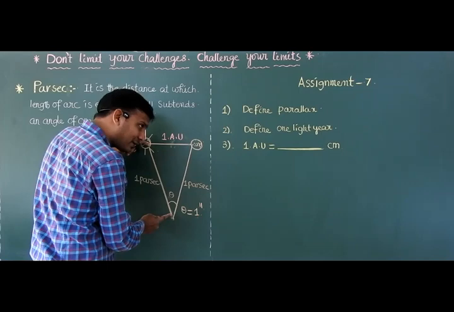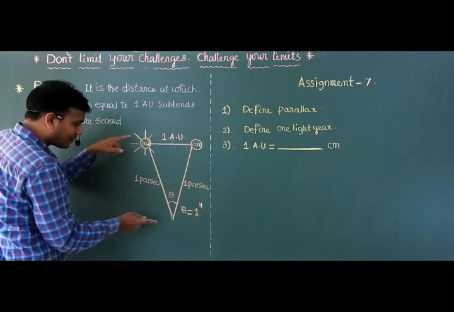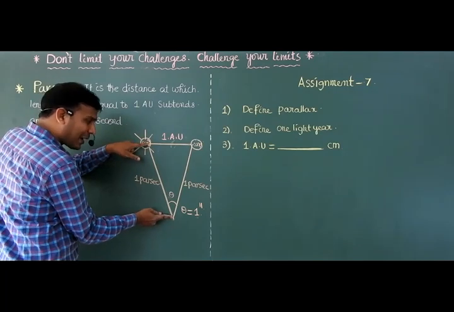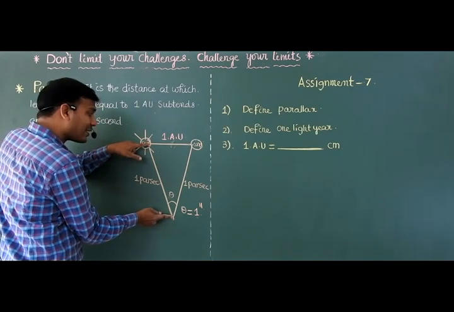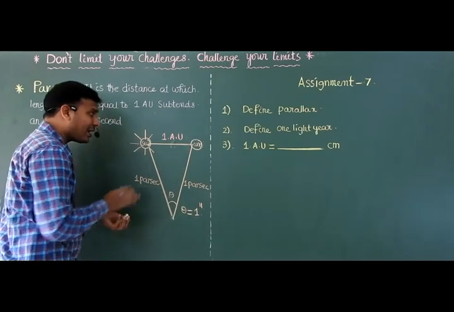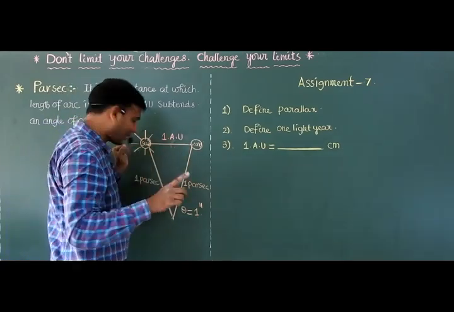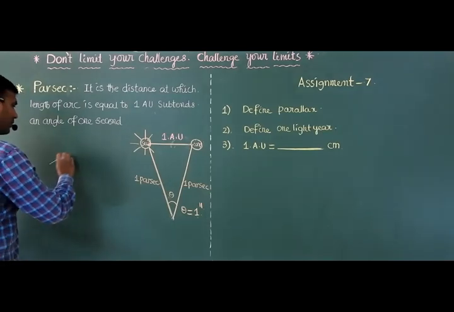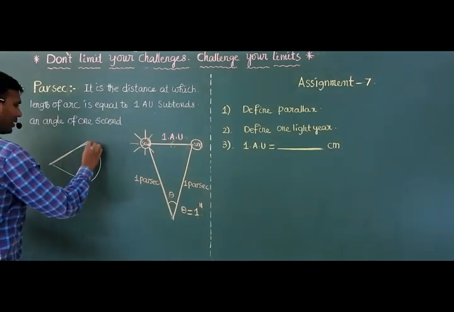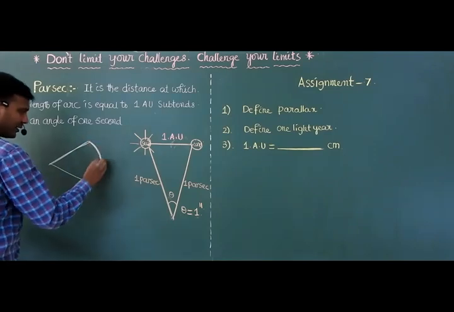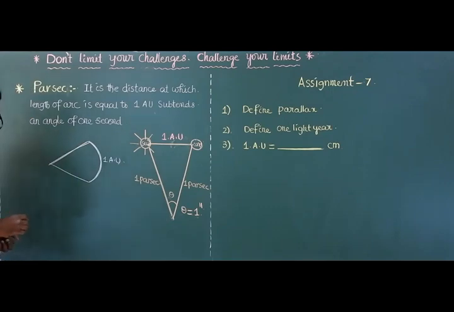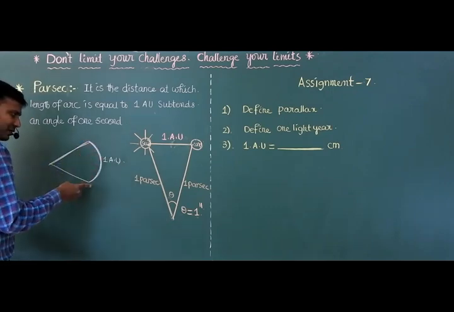Once again I am repeating. Parsec is the distance at which the length of an arc must be equal to 1 astronomical unit. If you consider it like this, it is an arc of a circle. This length of an arc is 1 astronomical unit.